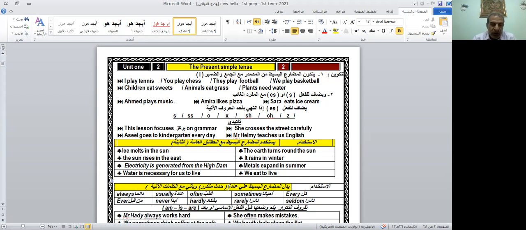And we always use these words with the present simple: always, usually, often, sometimes, every plus any time, ever, never, hardly, rarely, and seldom.